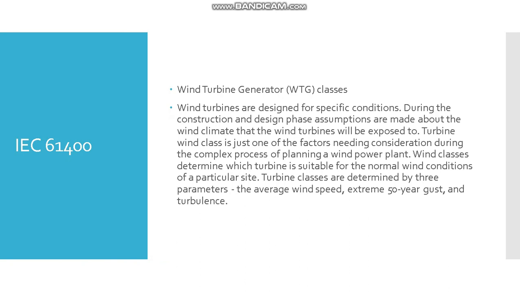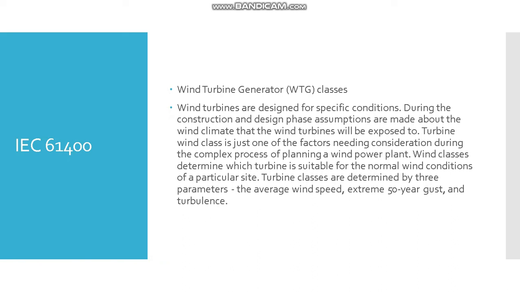Okay, so next is the additional for wind turbines. So wind turbine generator or WTG classes. Wind turbines are designed for specific conditions. During the construction and design phase, assumptions are made about the wind climate the wind turbine would be exposed to.